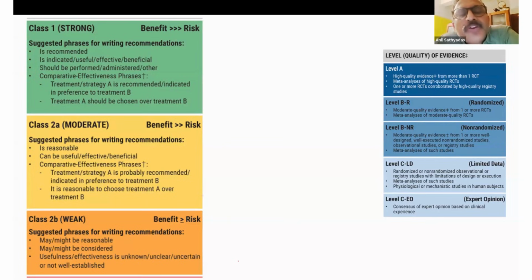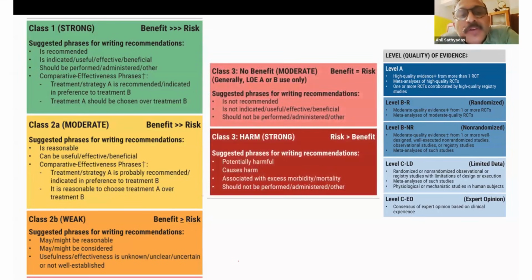You have a lot of benefit doing that, and risk is very less. When you come to 3, it is harm, so it should not be done. So class 1 should be done, class 3 should not be done. And then class 2 is divided into 2A and 2B, and class 3 is again divided into no benefit as well as harm.